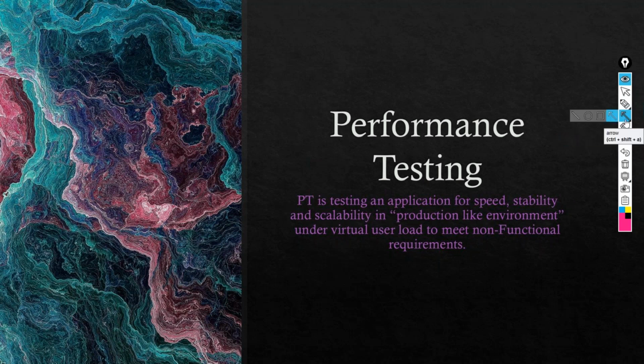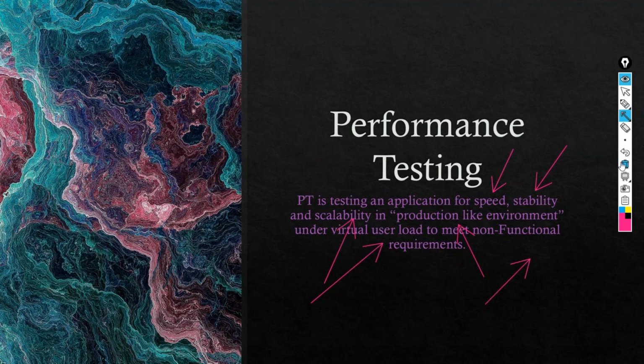So we'll try to understand the terms present in the definition: speed, stability, scalability, production-like environment, non-functional requirements, virtual user load. If you understand these terms first, then it will be easy to understand the overall definition.